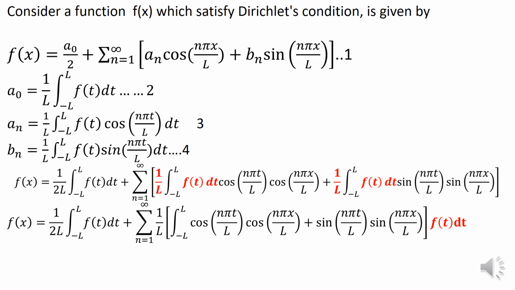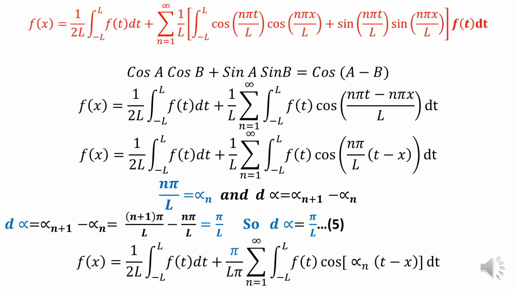Then you can see here 1/l here, 1/l here, f(t) dt here. So you can take this 1/l and f(t) dt as common further. This same relation I have copied. You can see this equation basically is a cos(a - b) formula.